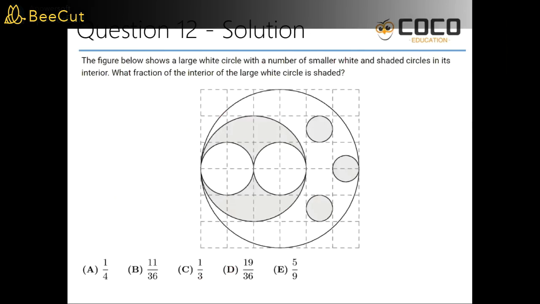Now, question 12, they want to find what fraction of the large white square is shaded. Let's say the radius of the smallest circle is 1. So for these 3 shaded small circles, each of them the area is pi times 1 squared. Then the total area is 3 times pi times 1 squared, so equals 3 pi.